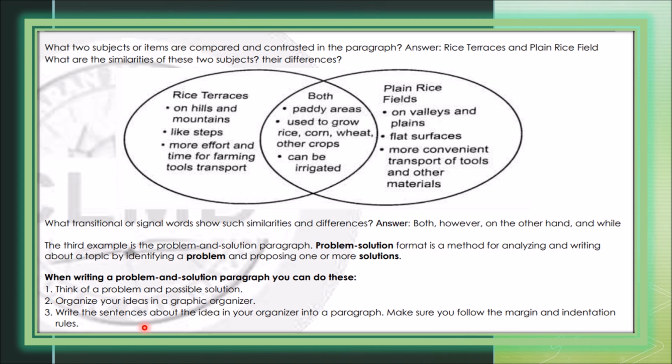Then, pag alam na natin ang problema at ang mga solusyon, dito na tayo gagawa ng paragraph. Diba? Paano ba gumawa ng paragraph? Syempre, alam niyo na, nung grade 3 pa lang kayo, na gumagamit tayo ng margin, ng indentation rules, and also the punctuation rules. Proper punctuation, okay?